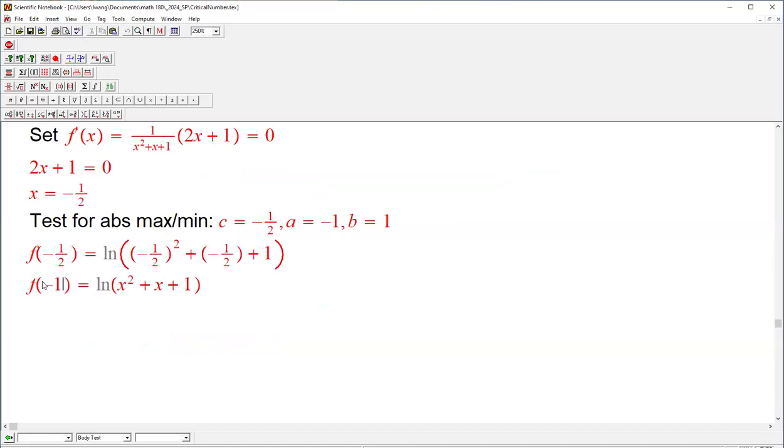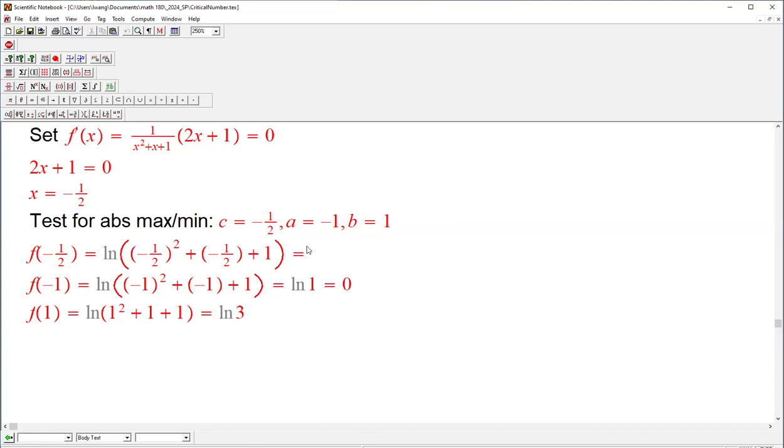Okay. The next one to be tested at the function, x is replaced by -1, and -1, +1, +1, +1. Okay. So this is ln 3. And this is ln of positive 1 minus 1, that's ln 1 equals 0.